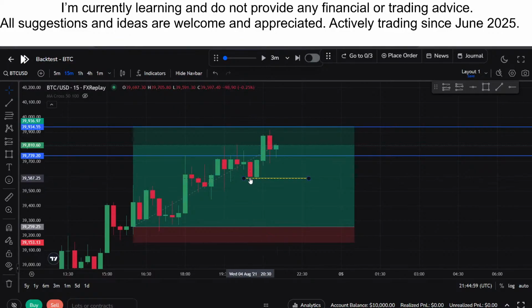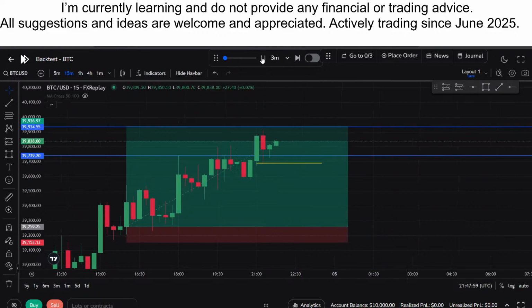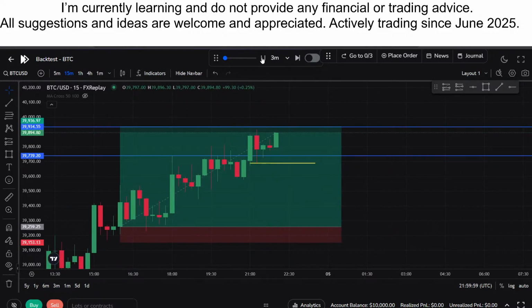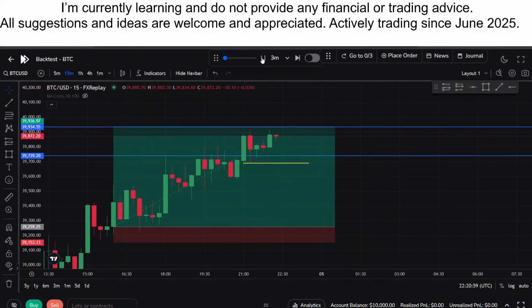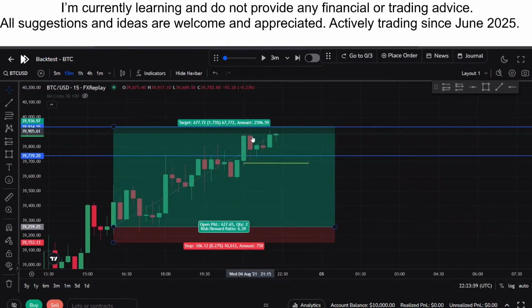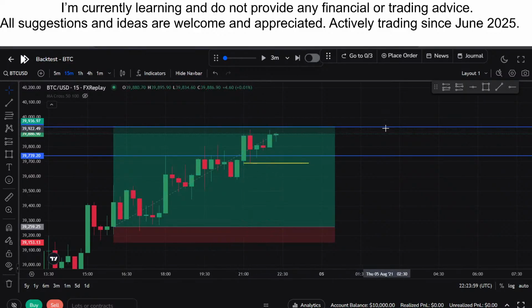Okay, new low formed, new high, and new low formed. Continue. Still in uptrend. Still in uptrend. New high, new low, new high. Is it a new high? Yeah, it's a new high. Still uptrend.